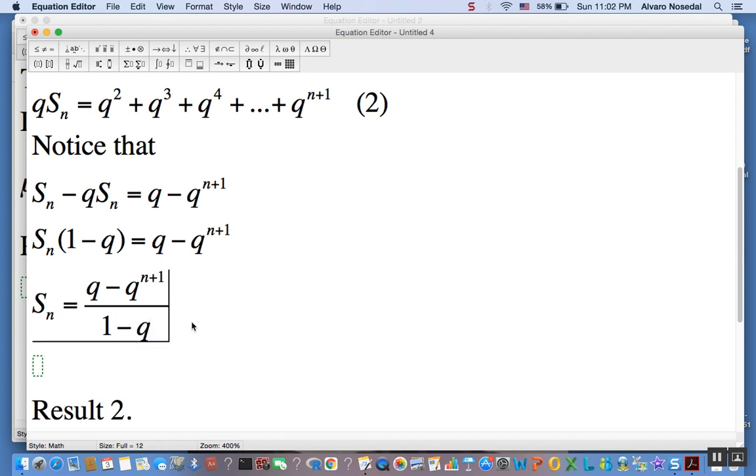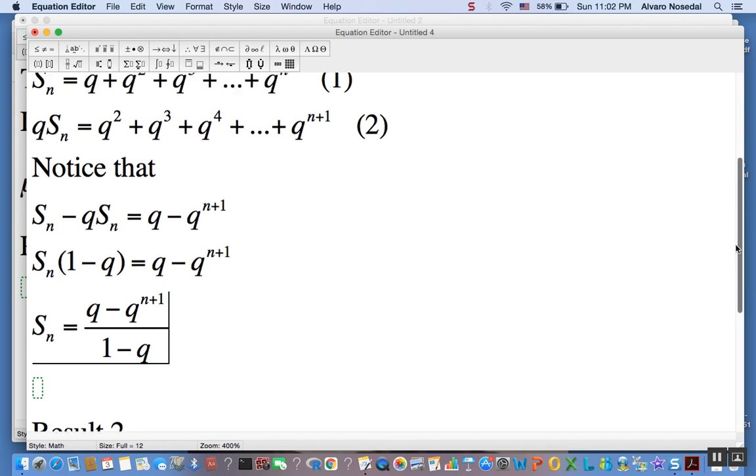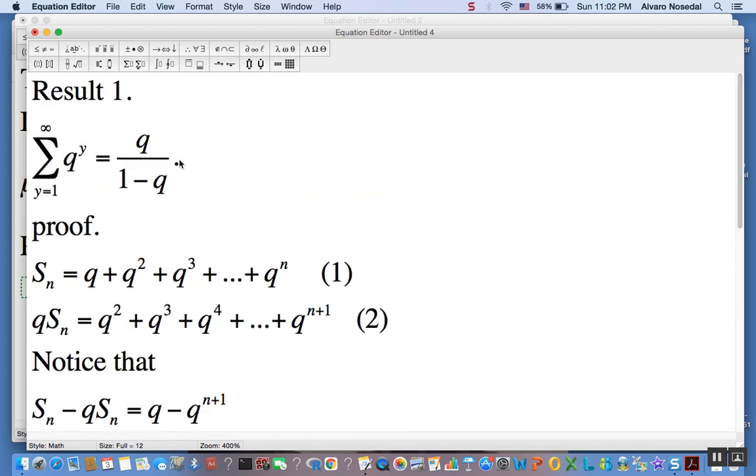Now, something that I forgot to say here is that this is provided that the absolute value of q is less than 1.